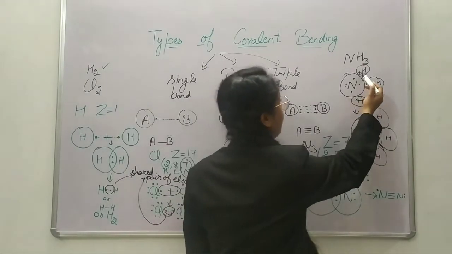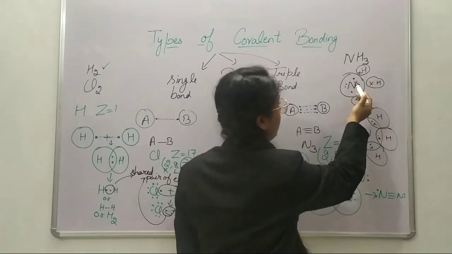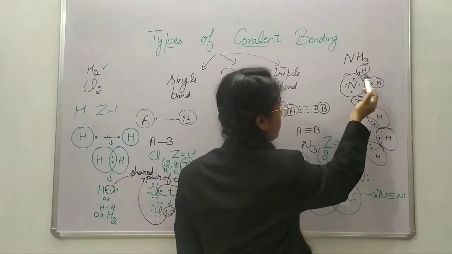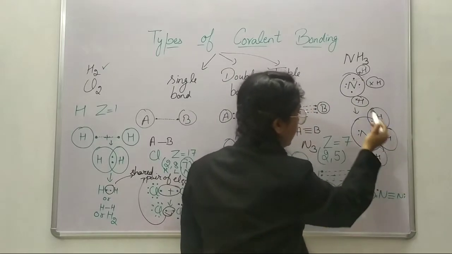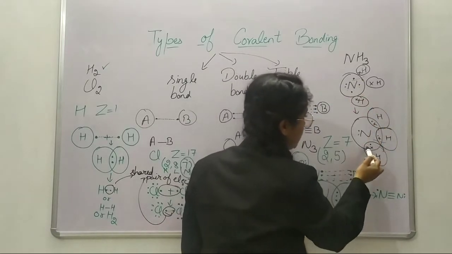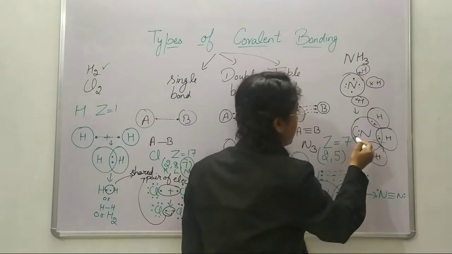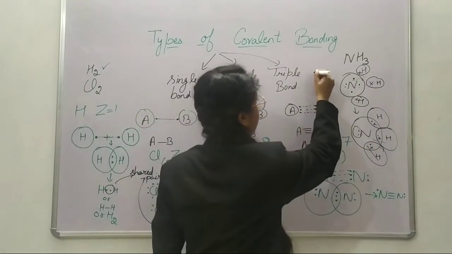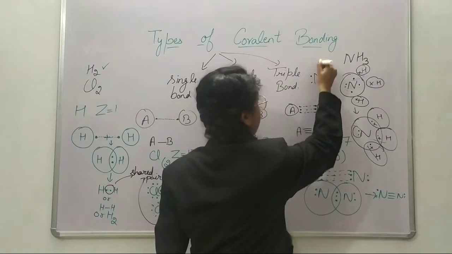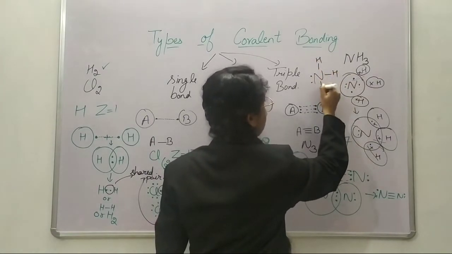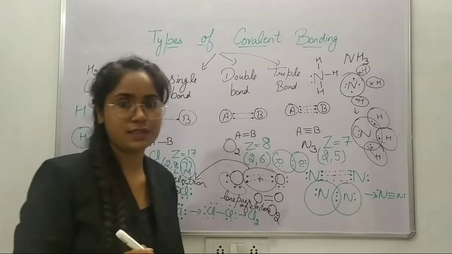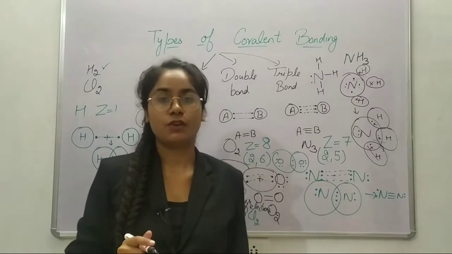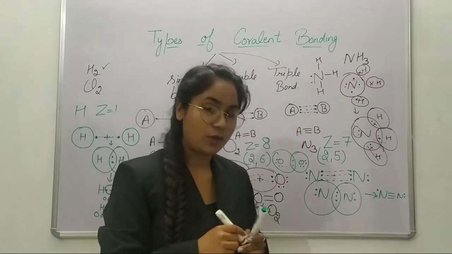Okay, 1 electron from hydrogen and 1 electron from nitrogen here. 1 electron from hydrogen, 1 from nitrogen here. 1 from hydrogen, 1 from nitrogen here, and this one is a lone pair of electrons, and this is how nitrogen would make the bond with the hydrogens, and this is how the formula NH3 forms. And what kind of bonding is here now?